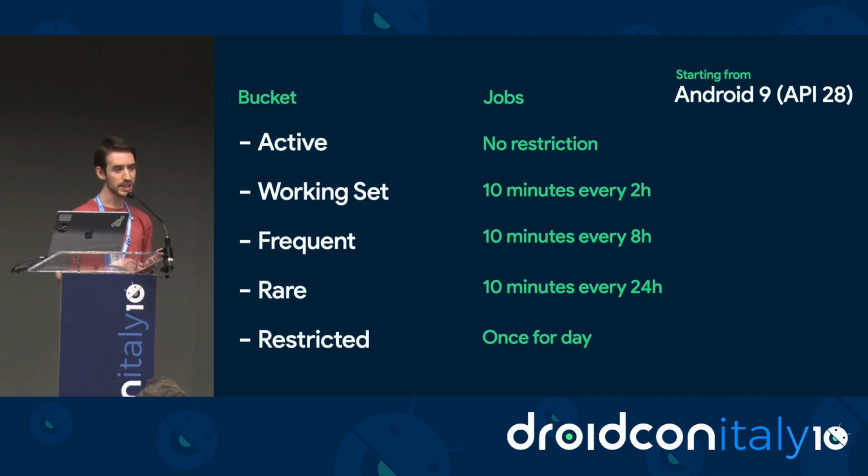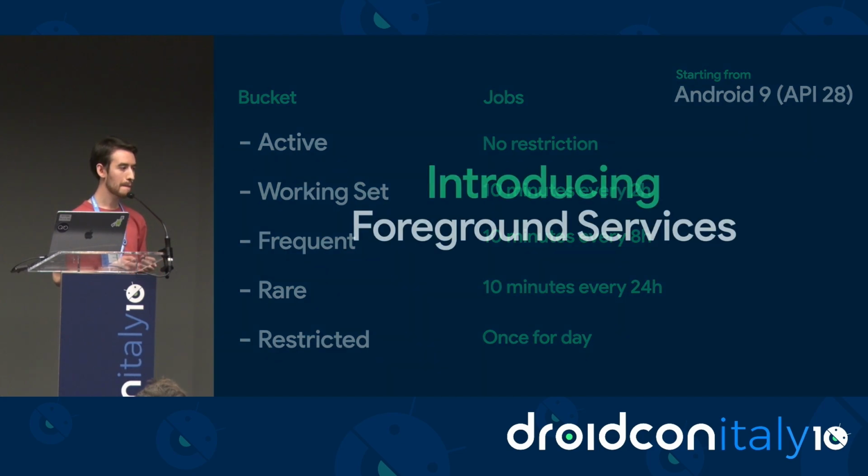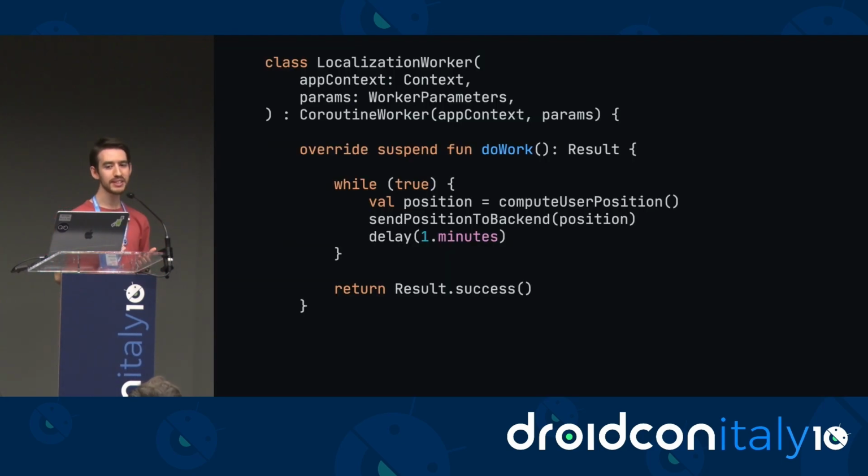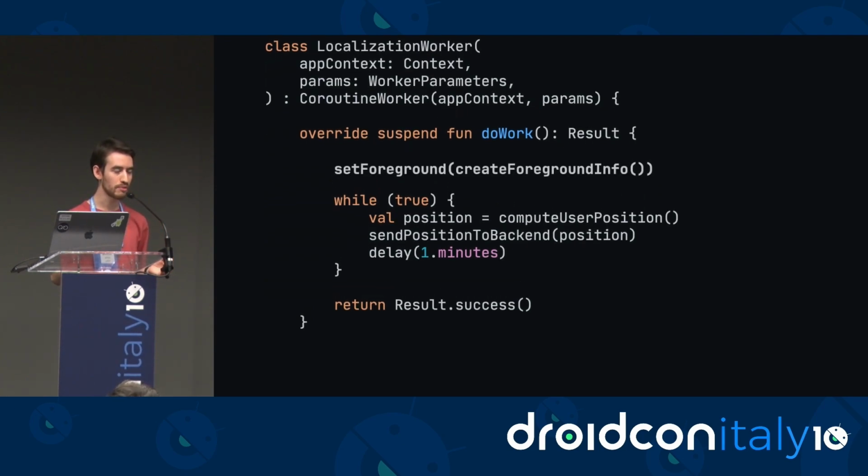The last case is restricted, because the user can restrict your app also for optimizing battery. So to solve this problem, you can switch to foreground services. The great news is that foreground services are integrated with WorkManager, so it is just one method change.